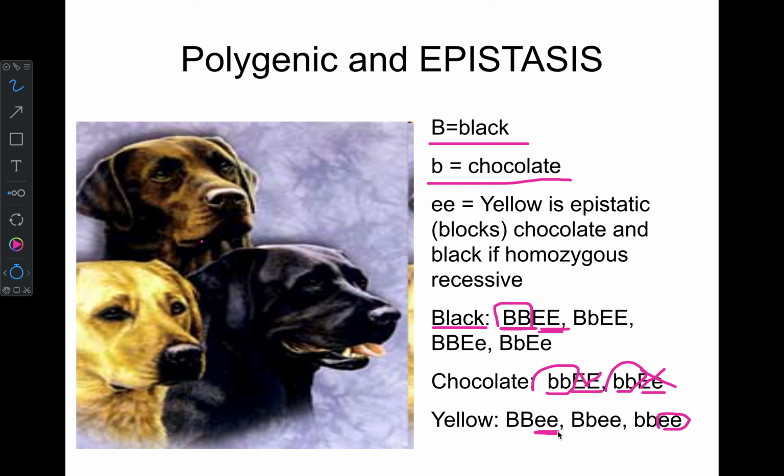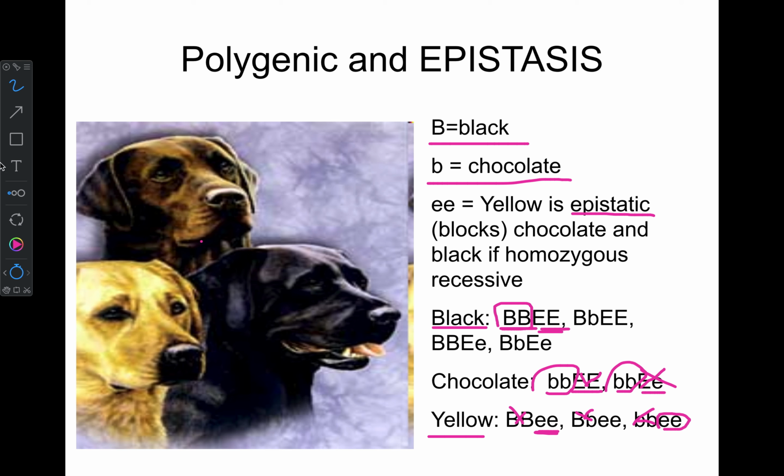If you have two lowercase e's, that overrides everything else. It blocks everything else. And all of a sudden, all of these, no matter what the B is, become yellow for their phenotype. And so in a sense, this yellow, we call this epistatic, right? Because it blocks everything else. It overrides all the other things when it is homozygous recessive.